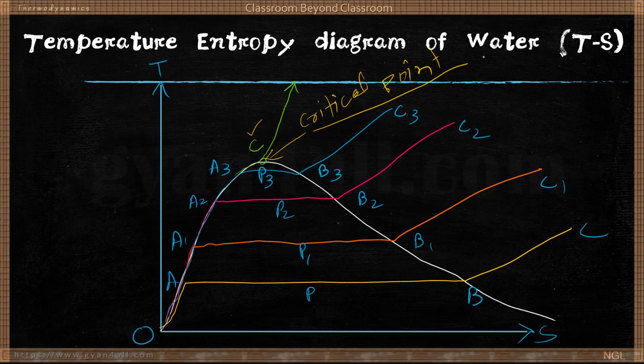And please remember, it will be very interesting. In the next semester, we will study the formation of steam, how steam is generated in a boiler. And nowadays, all modern boilers work at critical temperature and above, or above the critical point.